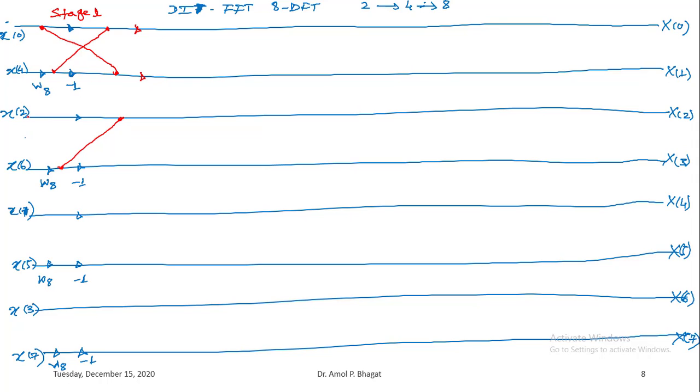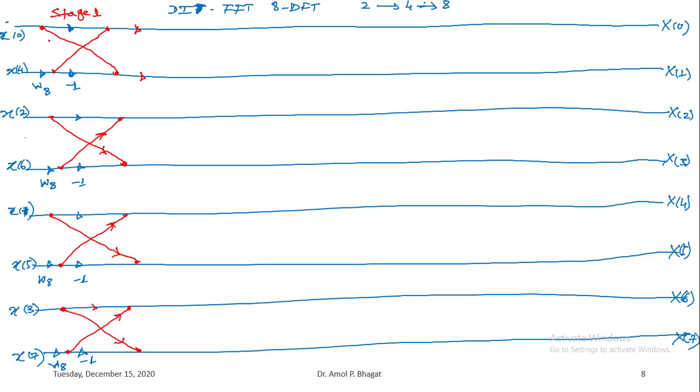Another input is coming as x of 2, so x of 2 plus x of 6 multiplied by W8 will be there. Likewise these basic structures will be there. Okay, so this is nothing but your stage 1.